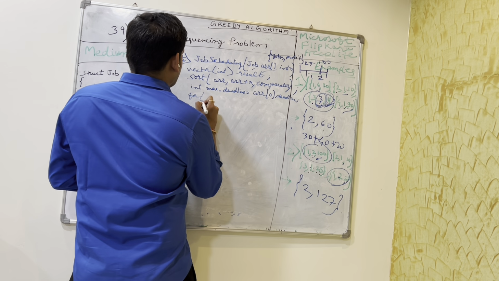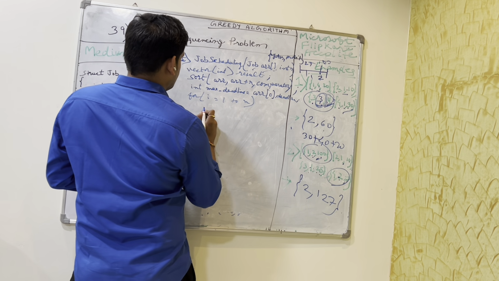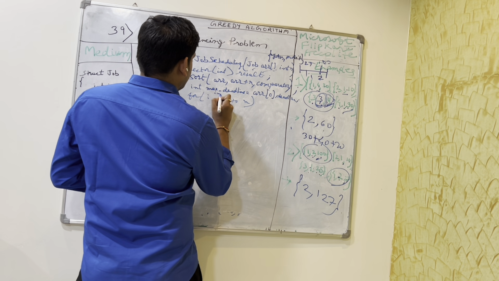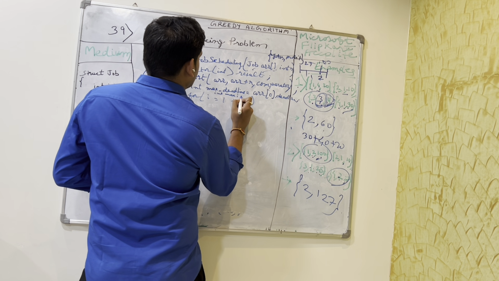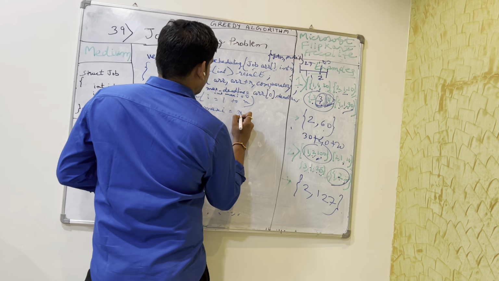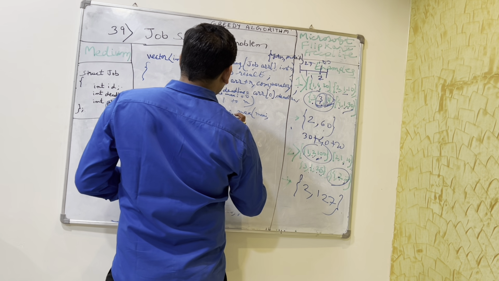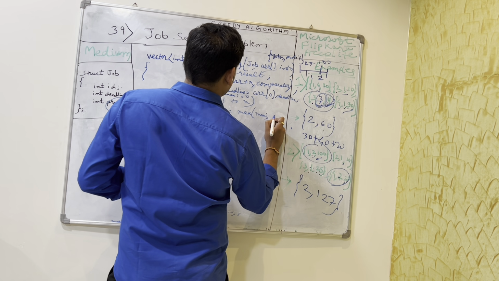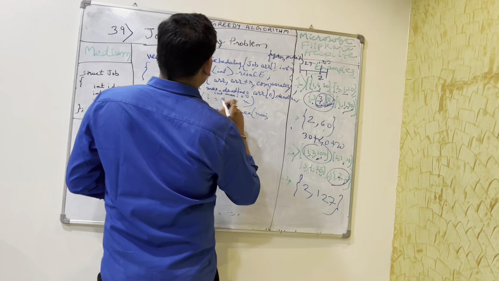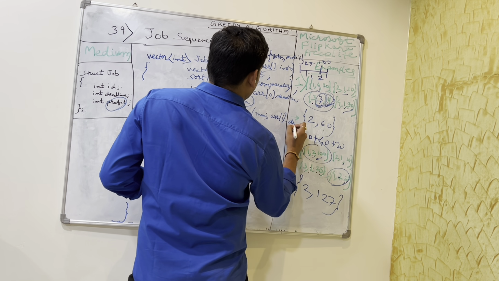Now for i equal to 1 to n, what we will do? We'll have int maxi equal to 0, and maxi is equal to max of maxi and array i dot deadline.